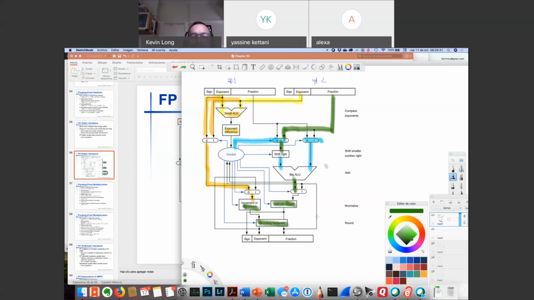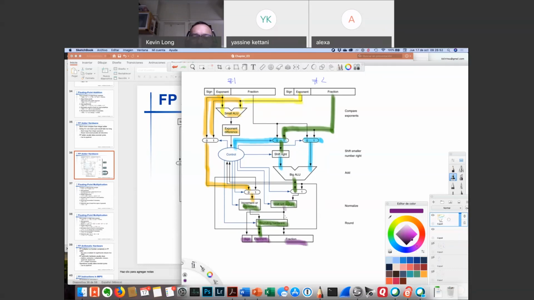If everybody's happy with this thing, then I will send the exponent out. Again, the exponent is going to go back up here and have another look thanks to the control circuitry. So this is where the checking happens. And what pops out the bottom, mercifully, after an eon, an eternity, is my sign, my exponent, and my fraction.